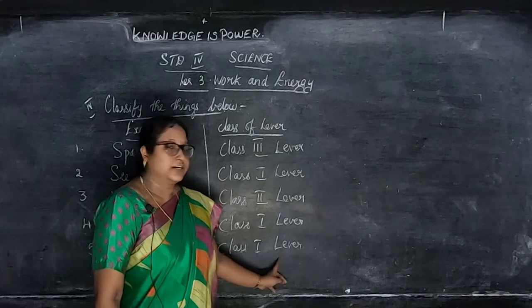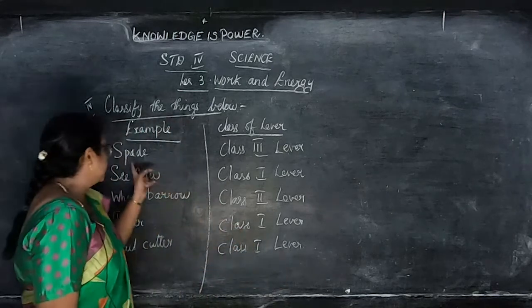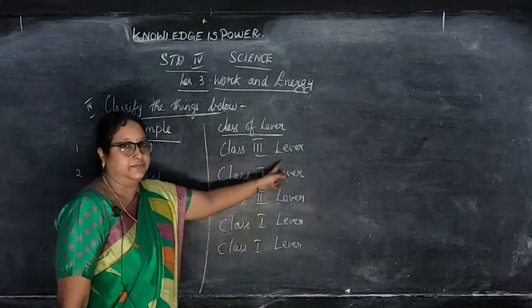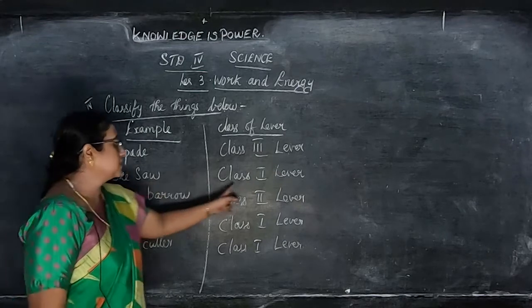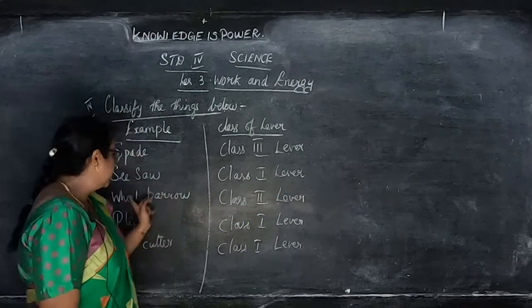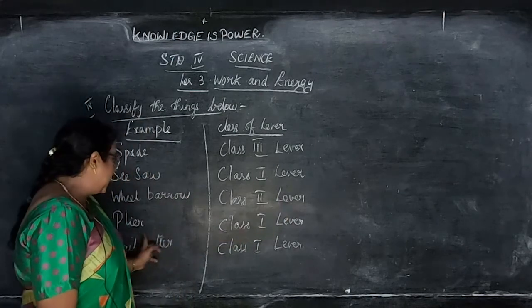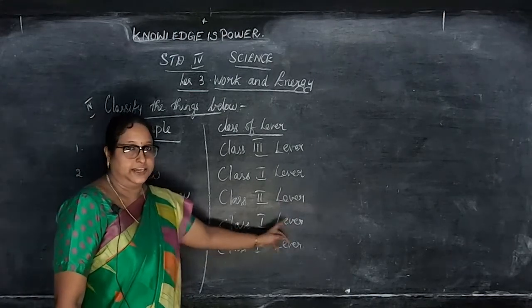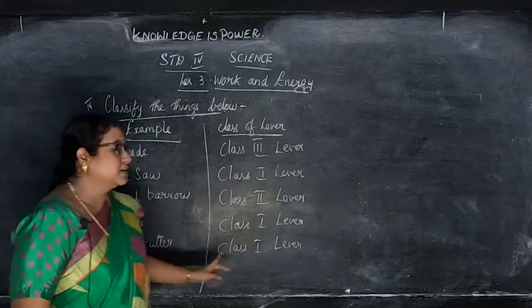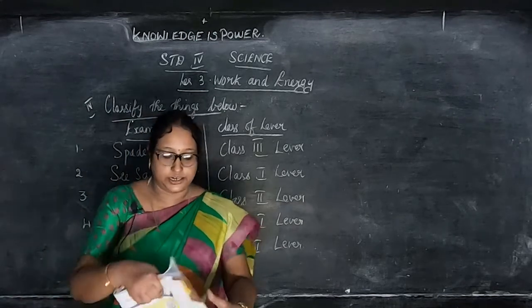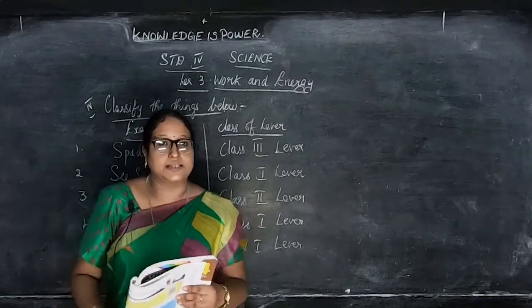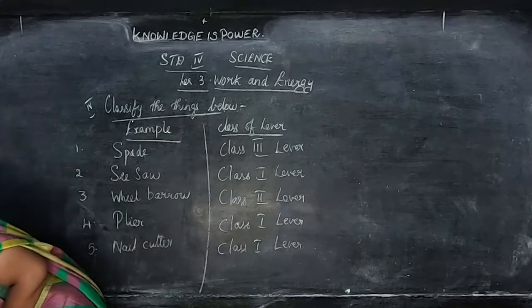Okay, children. Now I'll read it once again. Read it along with me, children. Spade, class 3 lever. Seesaw, class 1 lever. Wheelbarrow, class 2 lever. Plier, class 1 lever. And the nail cutter, class 1 lever. Okay, children. So next we'll go to the answer the following.